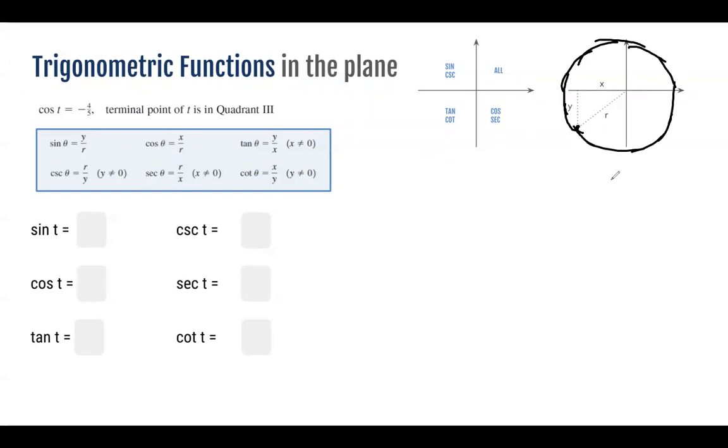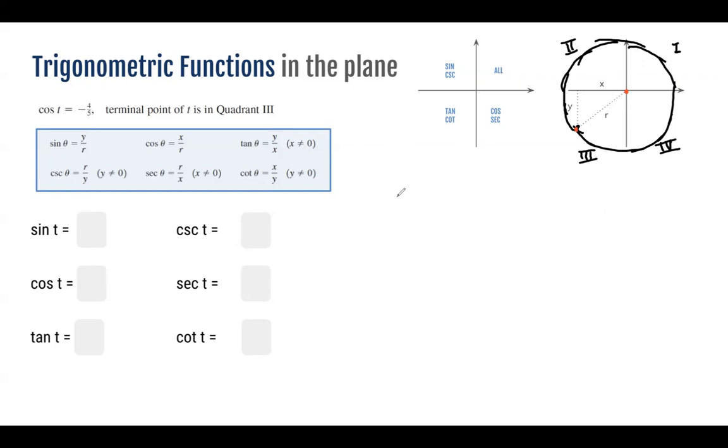And that means that the r that we're looking at here is the distance on the circle from the center to any point on the circumference, particularly one in quadrant number 3. This is quadrant number 1, number 2, number 3, and number 4.